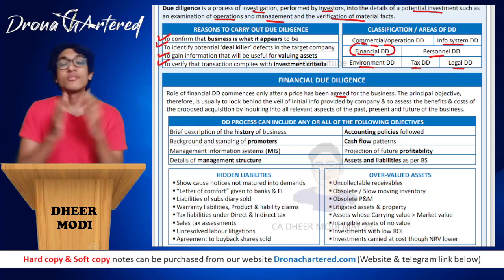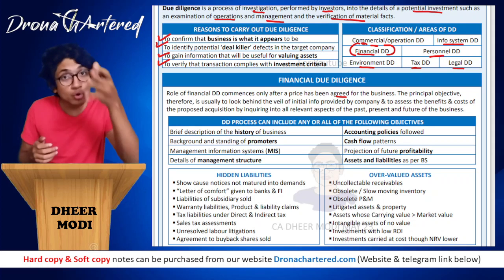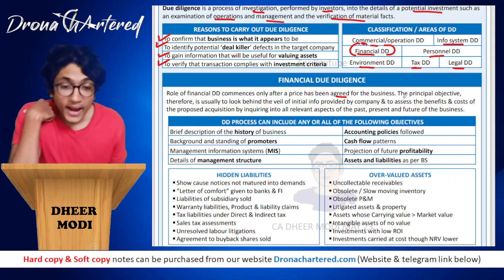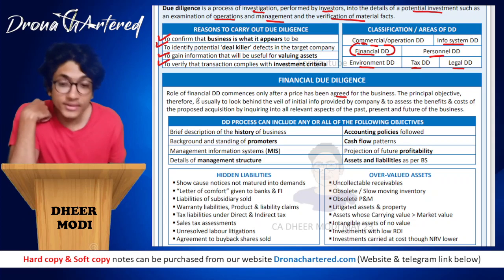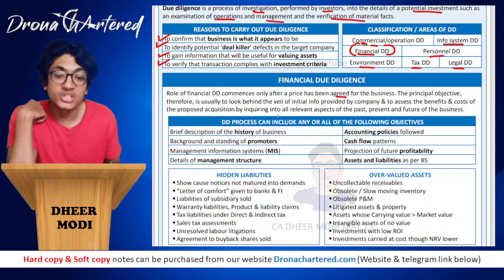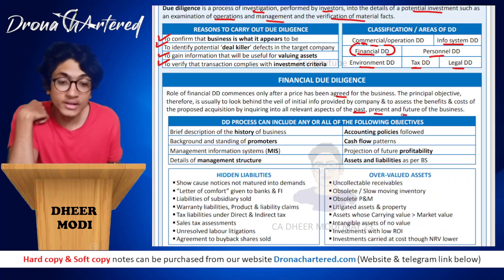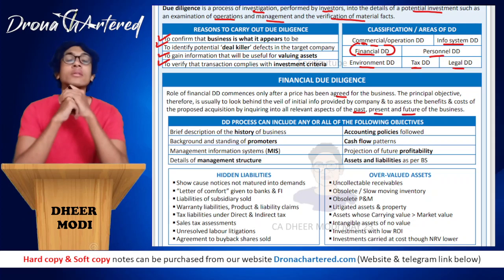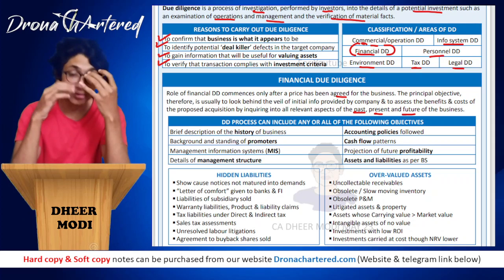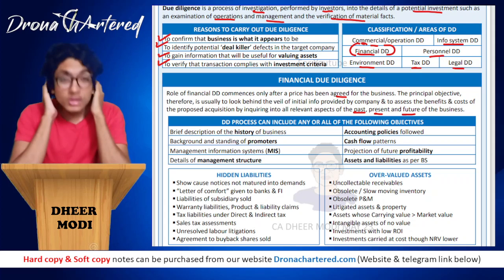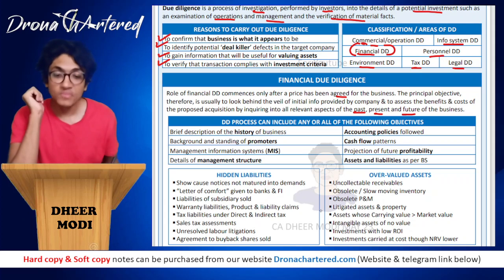That means whatever information the company has provided, you have to look past it and assess the benefits and cost of the proposed acquisition by inquiring into all relevant aspects of the past, present, and future of the business. Since you are now investing into the business or acquiring the business, you need to know everything about the business, your past, present, and your future.